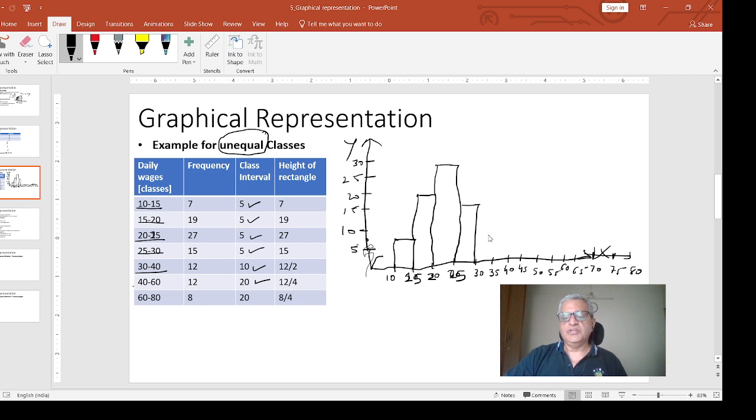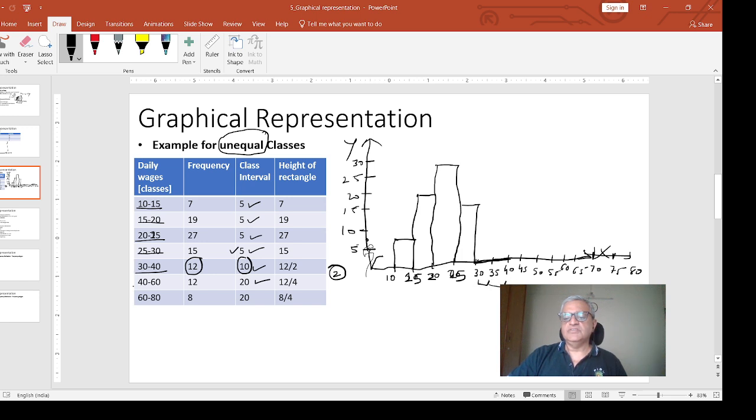Now for 30 to 40, this class is large. So what do I do? My frequency is 12. If I divide this 10 by 5, I get 2, so there are two intervals here.